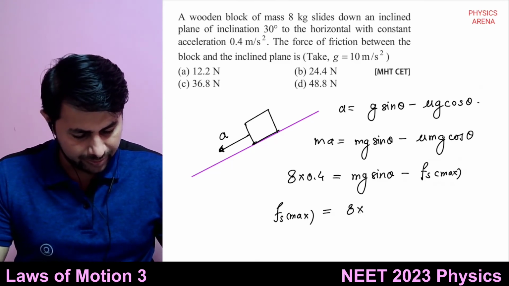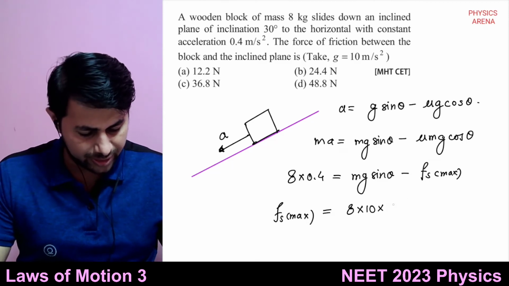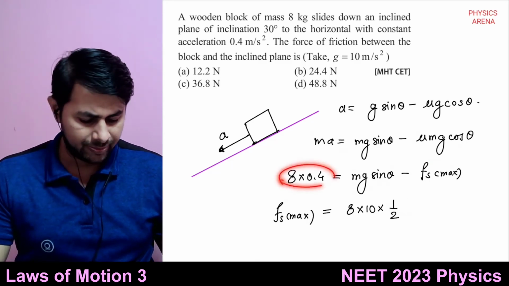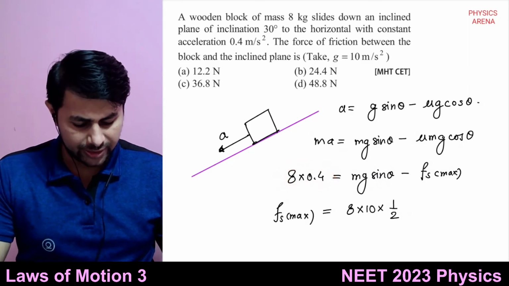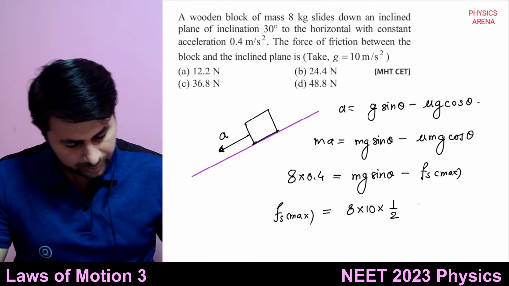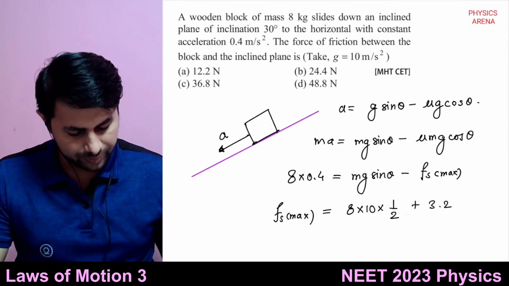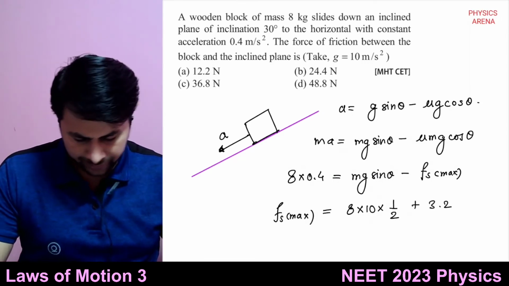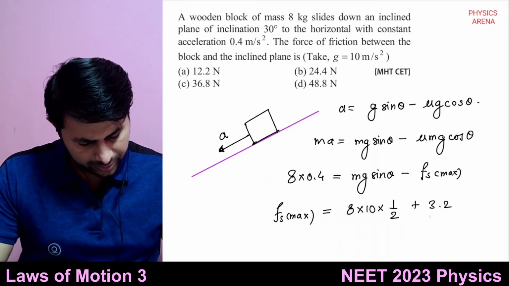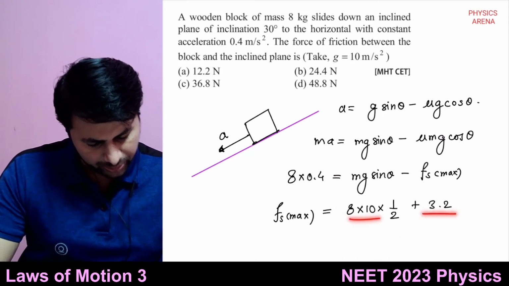It is 8 multiplied by 10 multiplied by sin of 30 is half, plus this 8 multiplied by 0.4. How much is it? 3.2, right? So plus 3.2. Okay, so it is 40 plus 3.2.